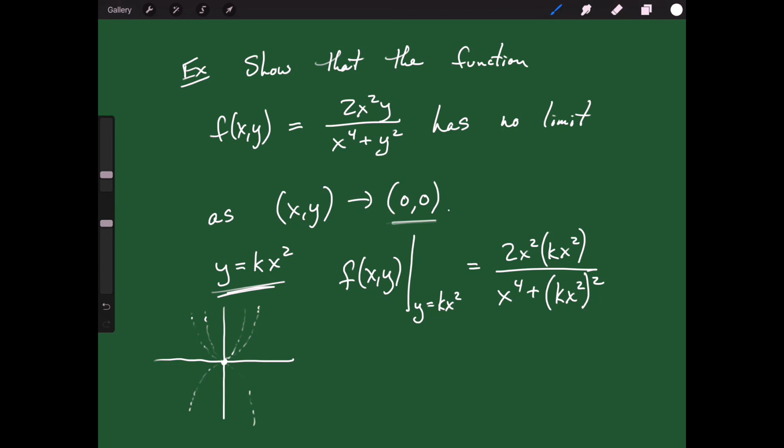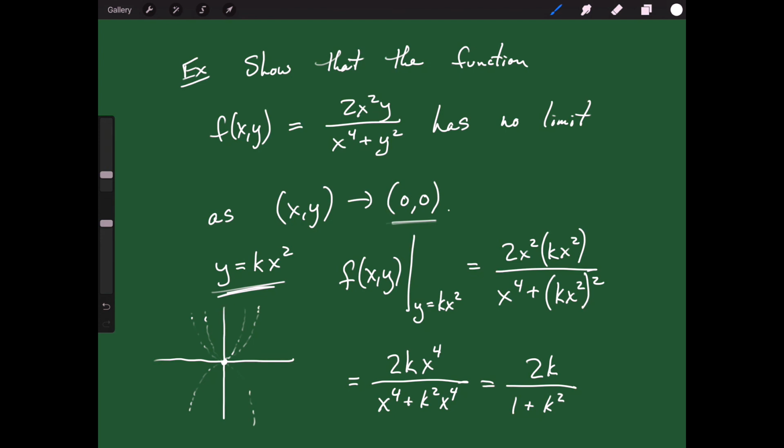We can simplify that a little bit more. On top, I would just get 2k times x to the fourth. And on the bottom, I would get x to the fourth plus k squared x to the fourth. So all of the x to the fourths cancel, and I get 2k divided by 1 plus k squared.